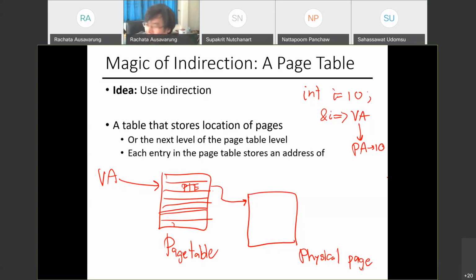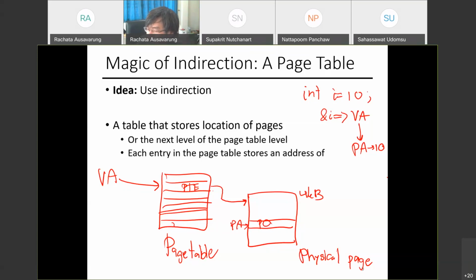Then my other question is, what is a physical page? How big is that? It's 4 kilobytes. So how big is my address? Like, what am I pointing at? If let's say it's an integer, that's 4 bytes. The page is 4 kilobytes, which means my virtual address points to some physical address right here that stores the value 10.